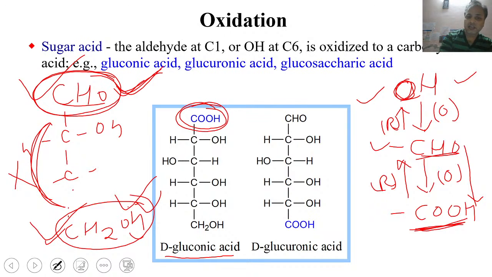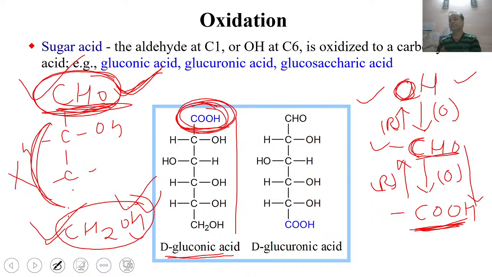If only the terminal aldehydic carbon is oxidized, you get acid. We call it D-gluconic acid, because this carbon is in the D form.